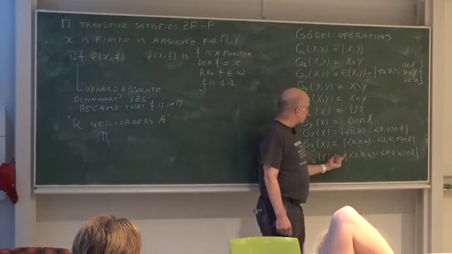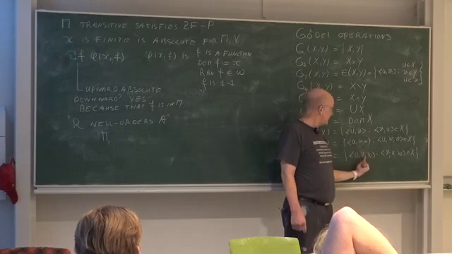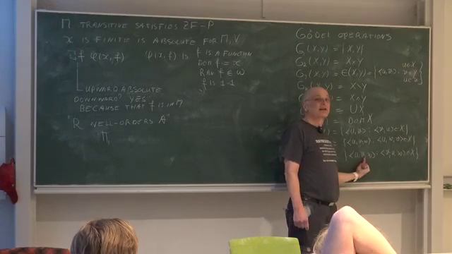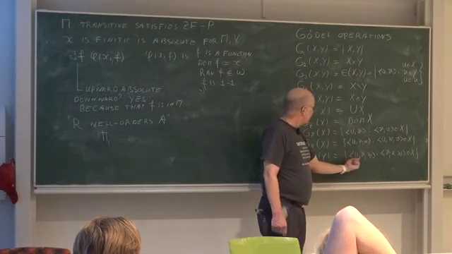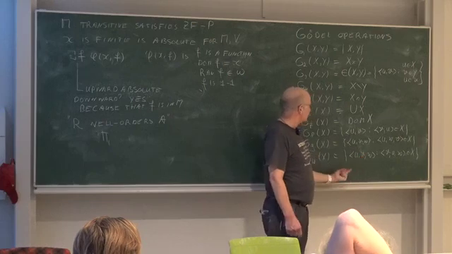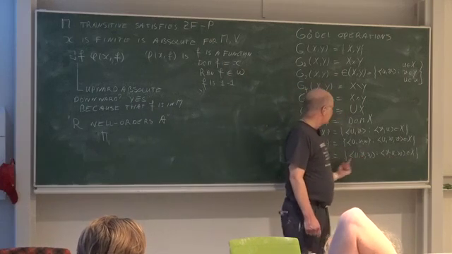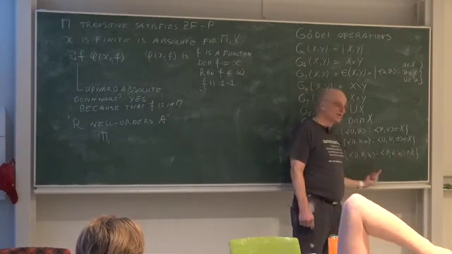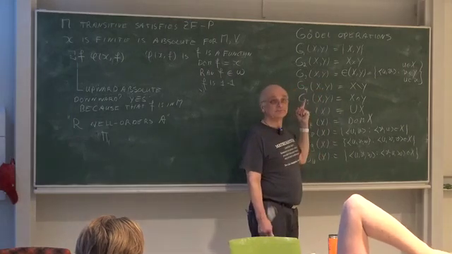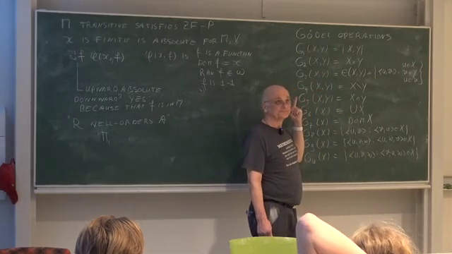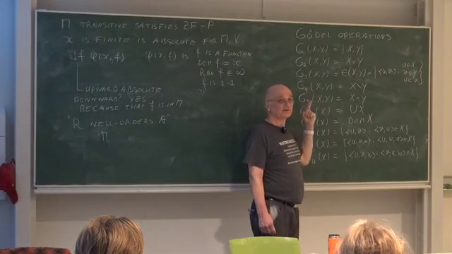So, for example, if I have triples and I want to extract the second coordinate, I apply this one, I don't know, once, twice, because it just goes the other way around. And then I take the domain. That kind of clever trickery.